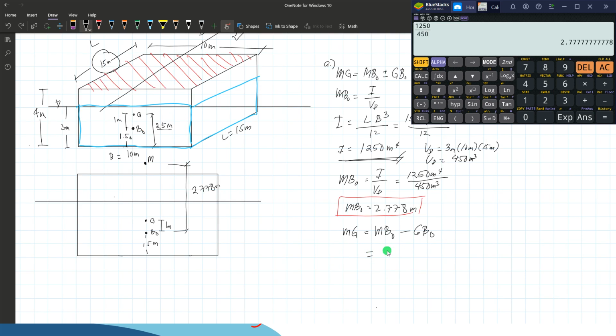MBO is 2.778 minus GBO, which is 1 meter. MG equals 1.778. So that's your initial metacentric height. Okay, this is the initial metacentric height.